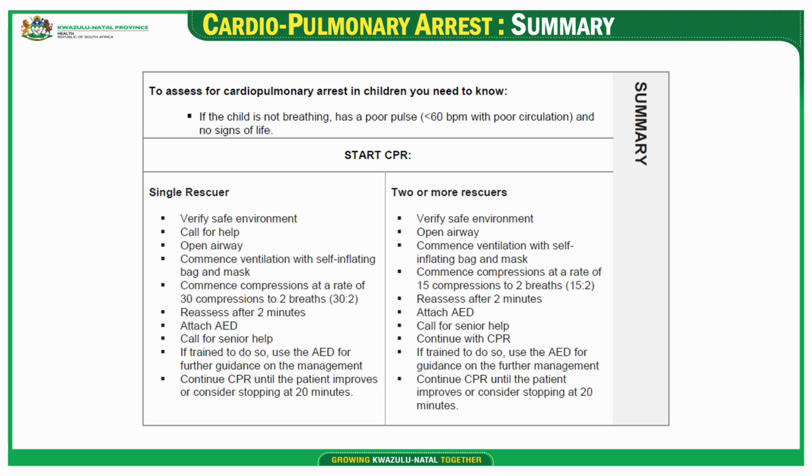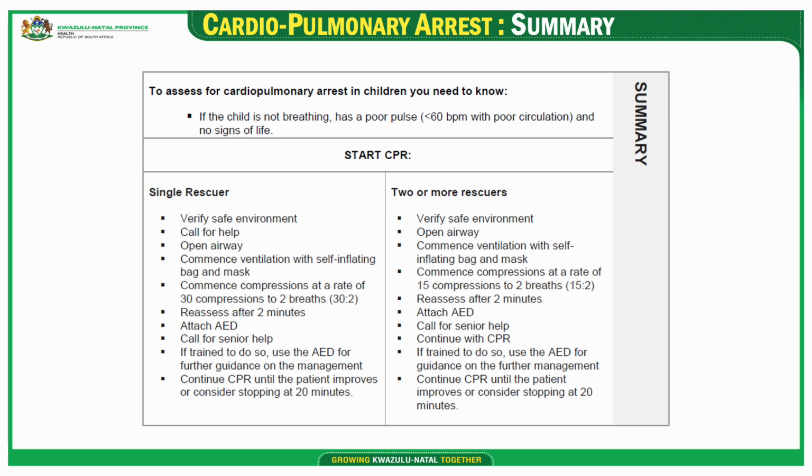Note the difference between a single rescuer and having 2 or more rescuers when you start CPR. As a single rescuer, you're going to give 30 compressions to 2 breaths. With 2 or more rescuers, you're going to give compressions 15 to 2. For the rest, it remains the same.